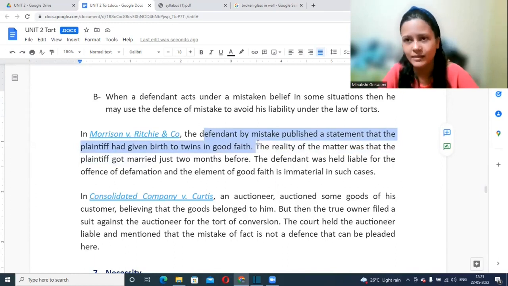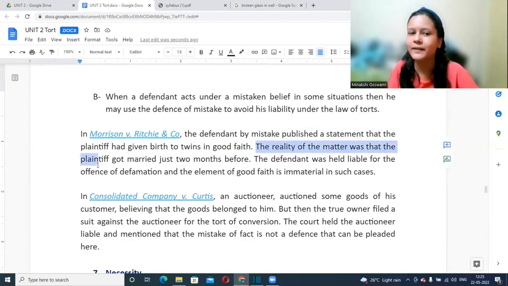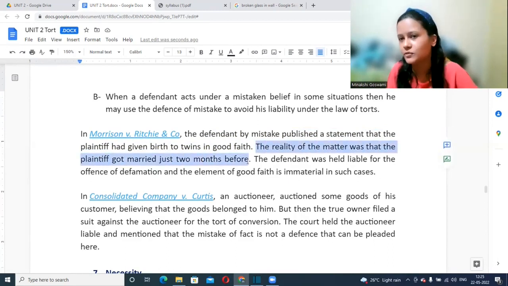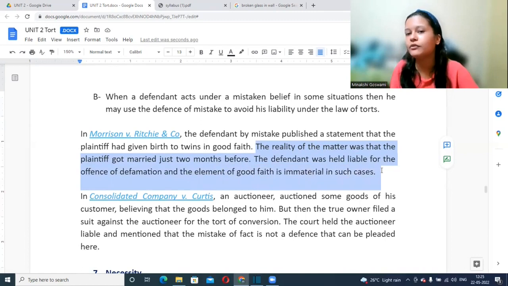He was not having any bad intention as such. He actually thought that plaintiff has given birth to twins and he published this statement. But the reality of the matter was that plaintiff got married just 2 months before. The defendant was liable for the offense of defamation and the element of good faith became immaterial in the case.